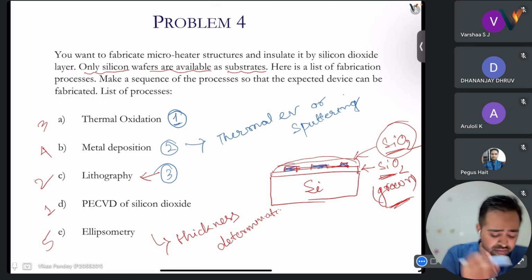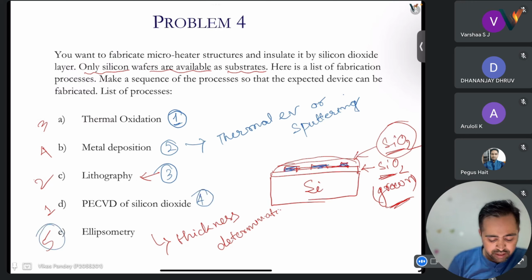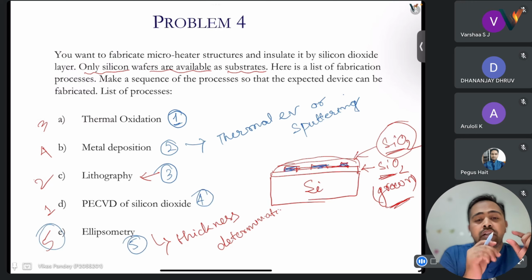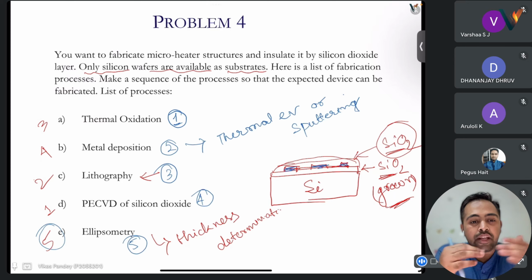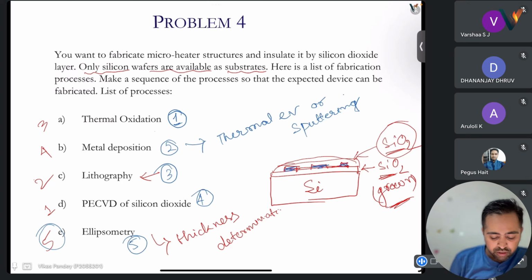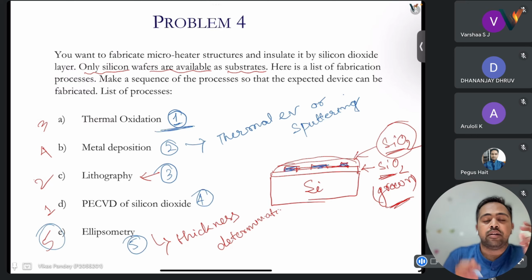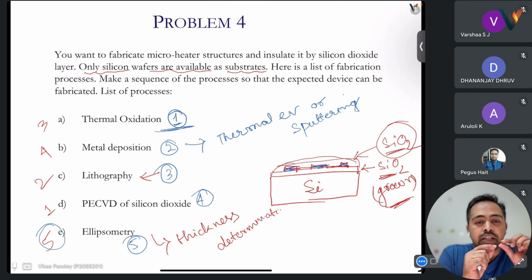Then yes, we can go for ellipsometry to measure the thickness, but that is actually not part of fabrication, so I had not kept it in there. But still, it can be done once everything is done, and even after thermal oxidation, to measure the thickness.